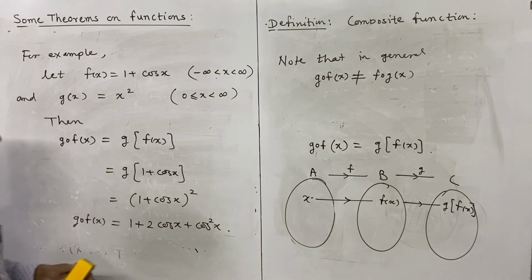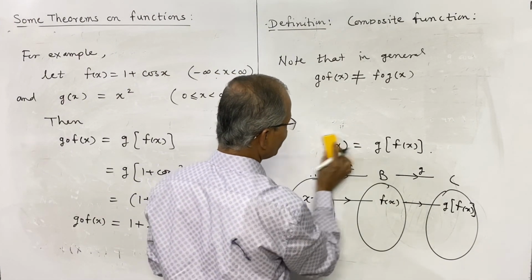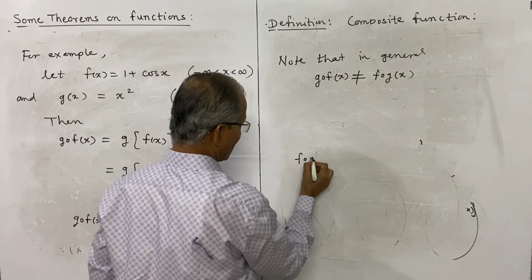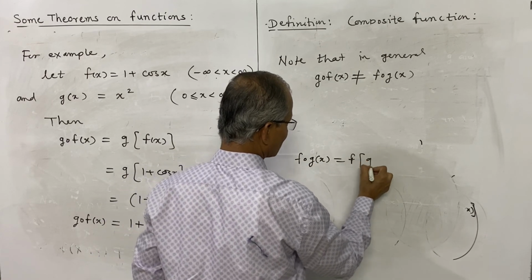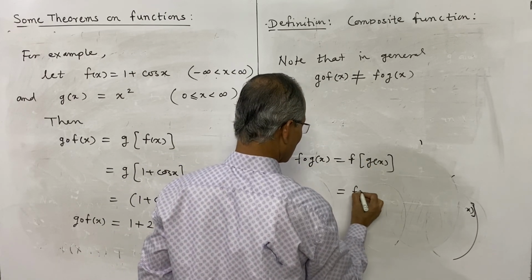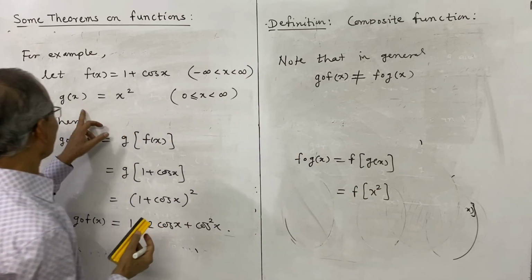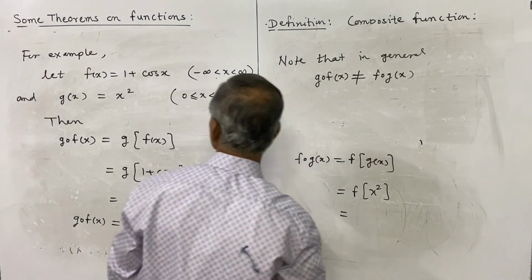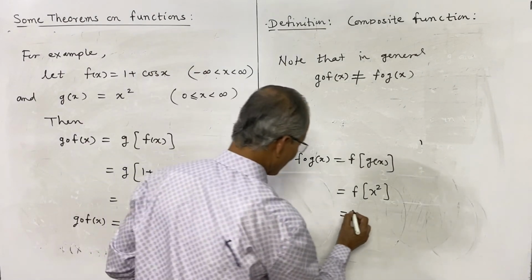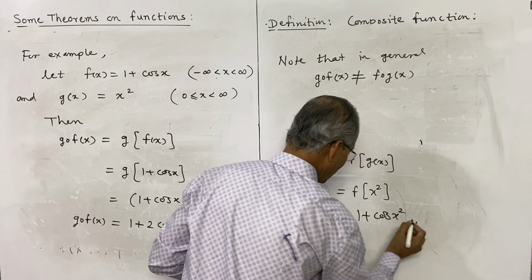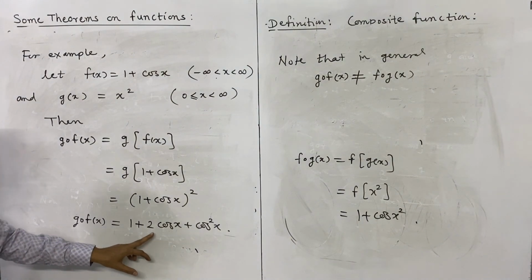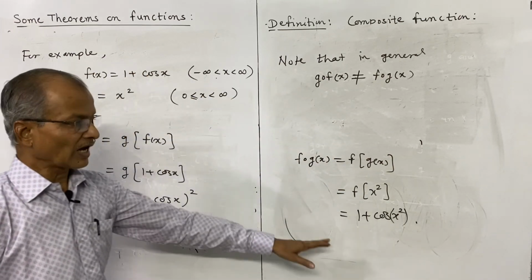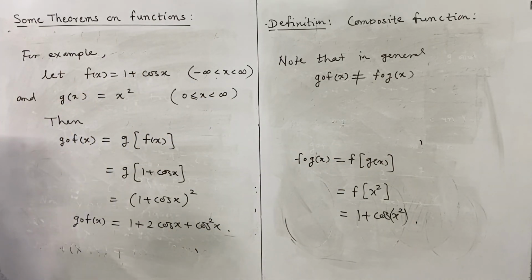First g will be operated, because f naught g of x will be f of g of x, and in this case here it is f of x square. So g of x is x square, and what is f of x square? You can see f of x is 1 plus cos x, and this will be 1 plus cos of x square, and this is 1 plus cos of x square, not 1 plus cos square x.